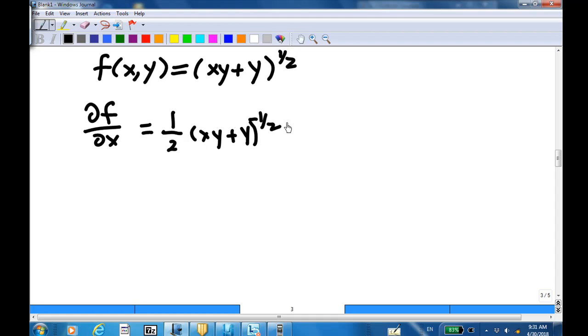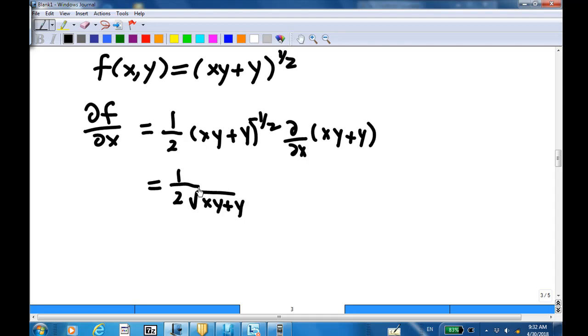And then you have to differentiate xy plus y with respect to x, which is equal to half times the square root of xy plus y, times y. So this is equal to y over 2 times the square root of xy plus y.